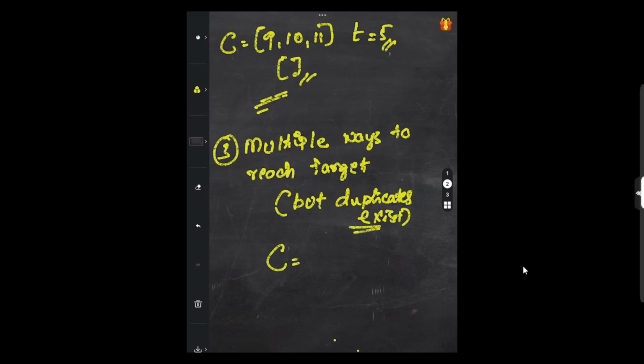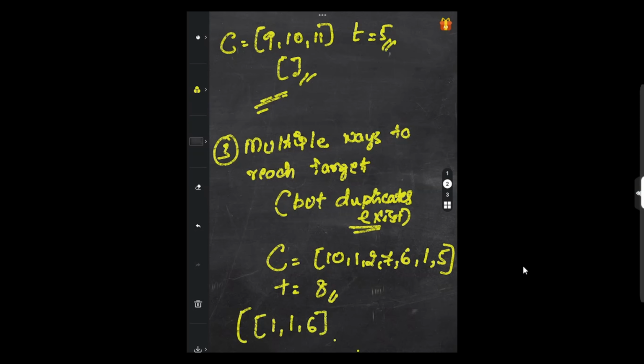Let me consider the input here: 10, 1, 2, 7, 6, 1, 5. This is fine. This is for the candidates. And target, let's consider 8 here. So the output will be 1, 1, 6. We have the duplicates here. This is one thing. 1, 2, 5 sums up to the 8, and 1, 7 we can consider.